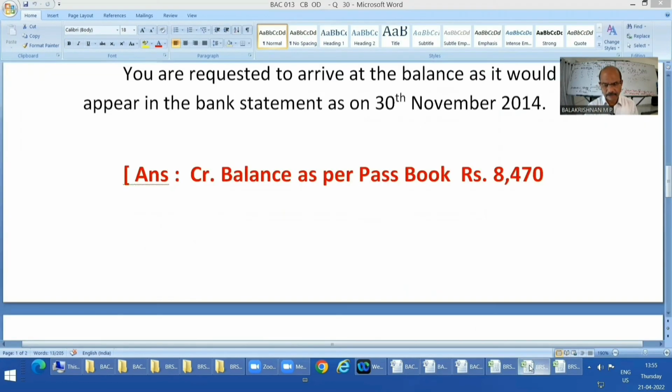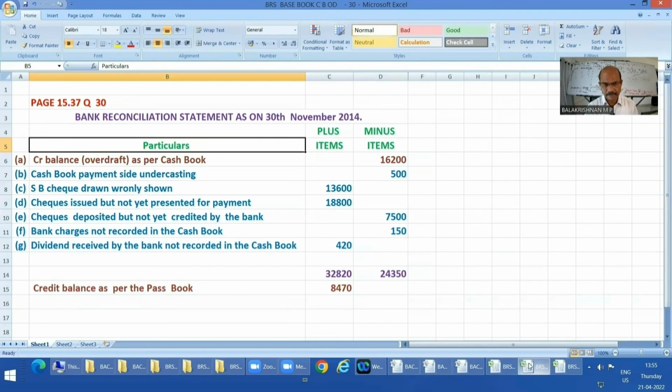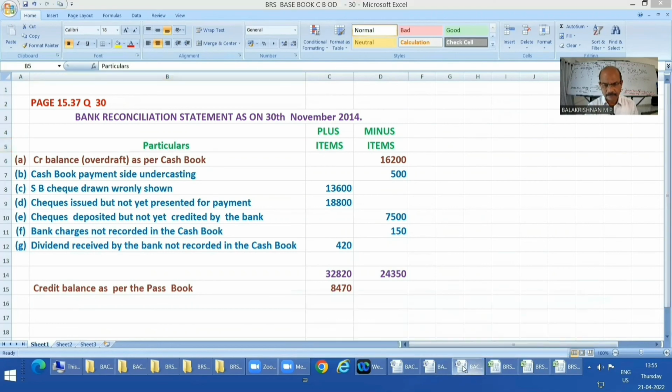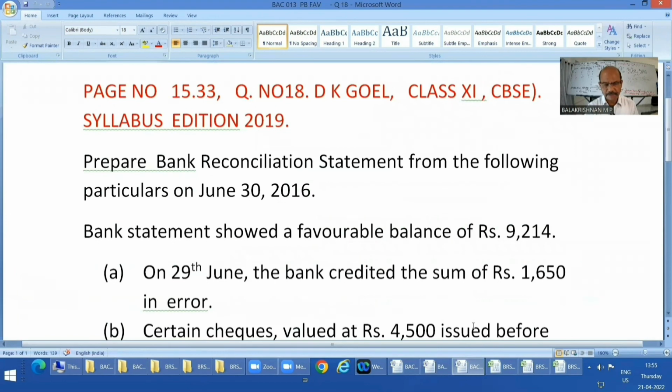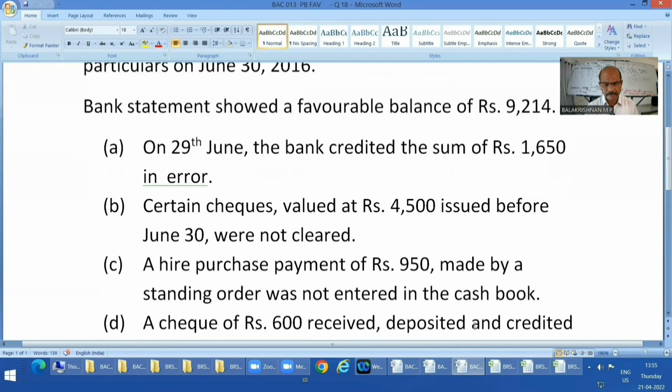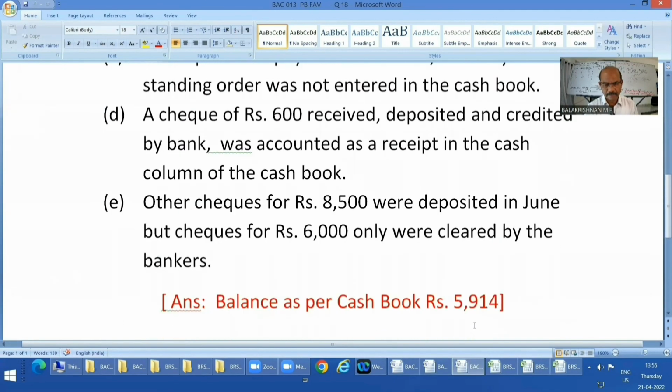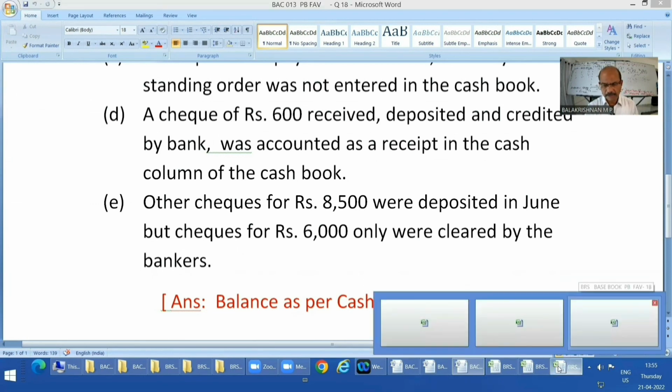And the corresponding answer. Last question. Question number 18. And the corresponding answer.